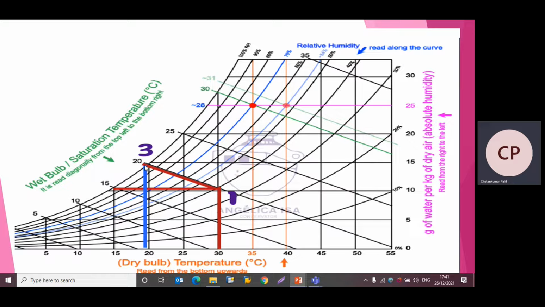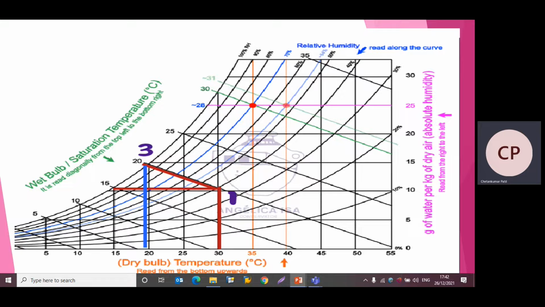So we have to take one projection in this downward direction from this point 3, and on this dry bulb temperature axis we have to note down the temperature. We will say that is TD3, and along the saturation line the wet bulb temperature and the dry bulb temperature are the same, so here the dry bulb temperature is also equal to 19.8 degrees Celsius. So we have to use that same temperature.